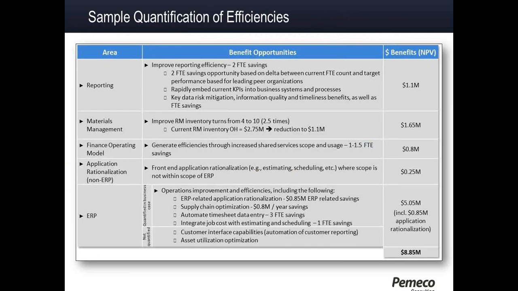Once we've looked at those elements and done some analysis, we will provide you, and again, my background is to do this extremely conservatively, with reporting and materials management, and give you specific elements of where we think you can save cost. For this one particular client, we identified $8.85 million worth of cost reduction or savings opportunities related to either the introduction of technology or improvement in their business processes.